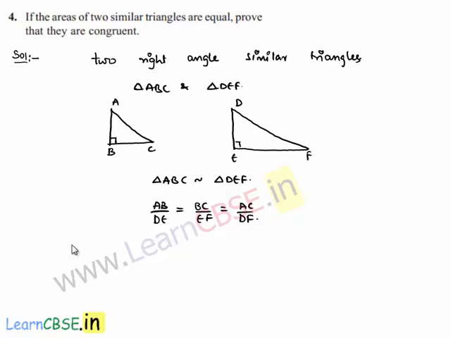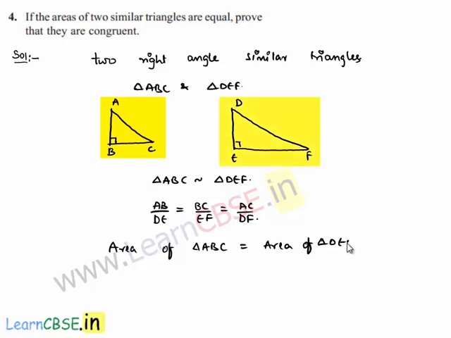Now, let us find the ratio of the two triangles, as it is given that the areas of the two similar triangles are equal. So, area of triangle ABC is equal to area of triangle DEF.